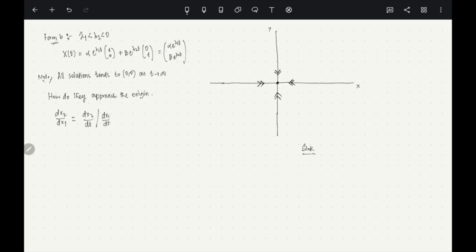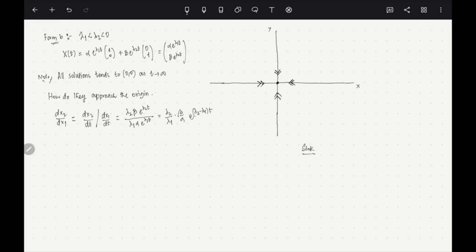This is the usual chain rule. That is nothing but lambda 2 beta e power lambda 2 t by lambda 1 alpha e power lambda 1 t. So that is given by lambda 2 by lambda 1 times beta by alpha times e power (lambda 2 minus lambda 1) times t.